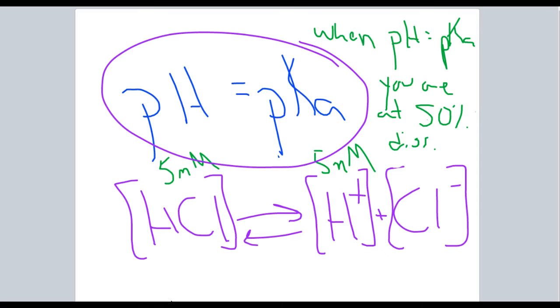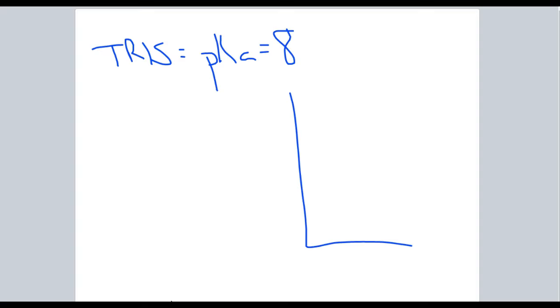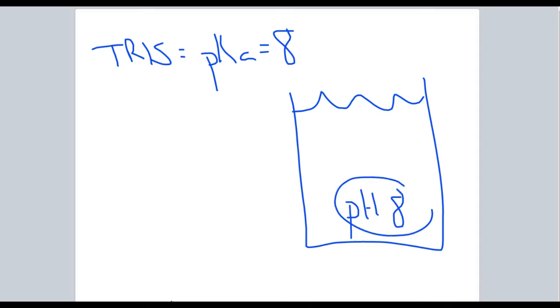But if we imagine a weaker acid, like Tris, we'll clear all this out. Tris, as a base or a conjugate acid, has a pKa of about 8. So what happens then is if we imagine that same beaker, and now it's a solution, and the pH of that solution is 8, if we have Tris in that solution, the pH equals the pKa.